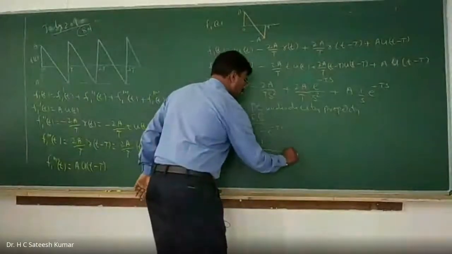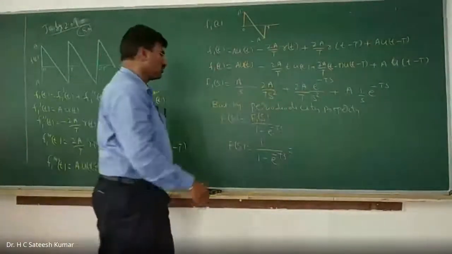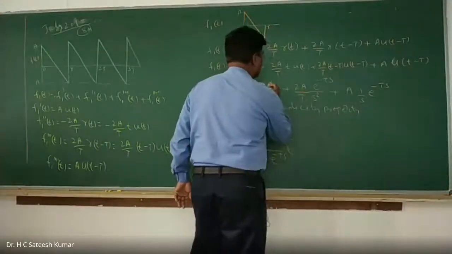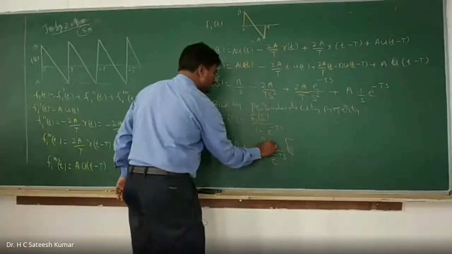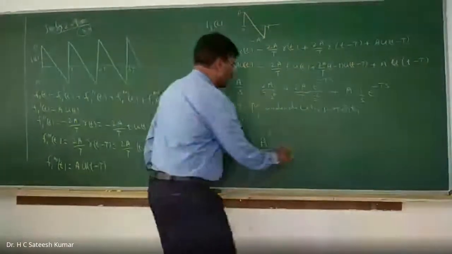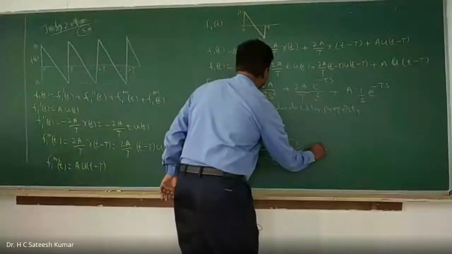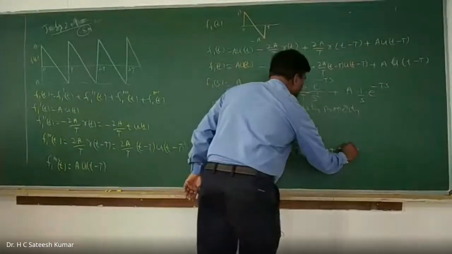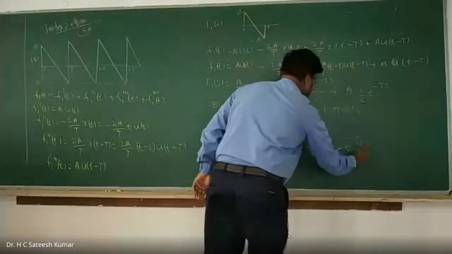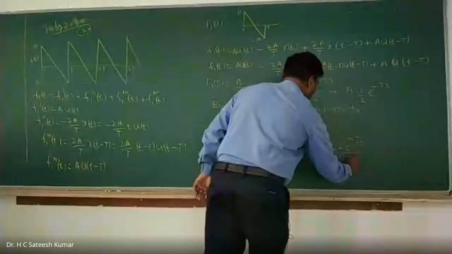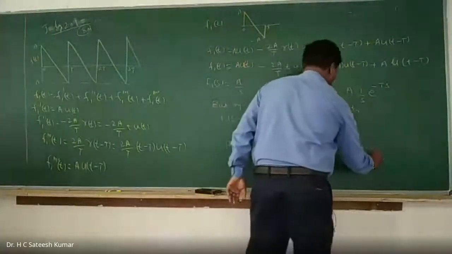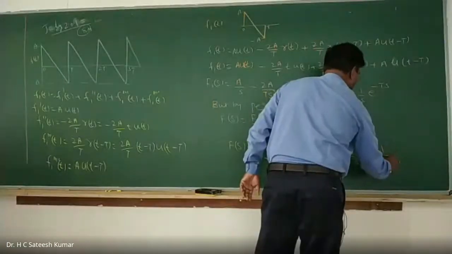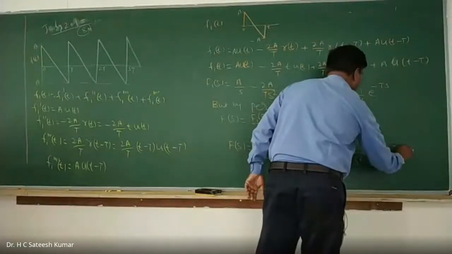In the last problem, the period was 2T. If you want, you can take a outside also. I'll take a outside here. What will you get? 1 by s minus 2 by Ts square plus 2 e to the power of minus Ts divided by Ts square plus 1 divided by s into e to the power of minus Ts.